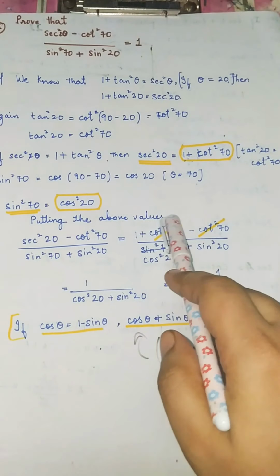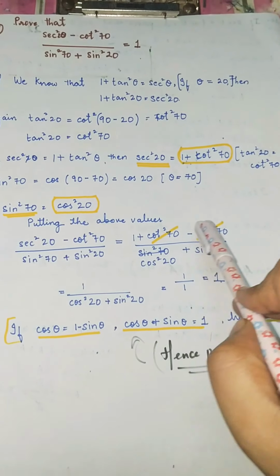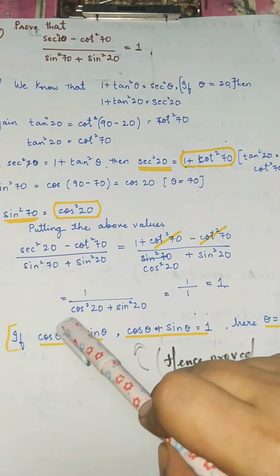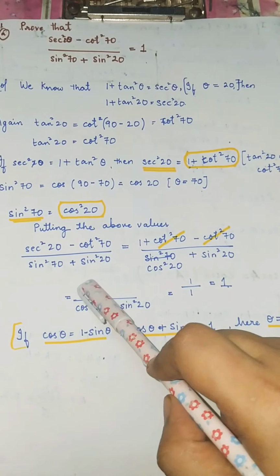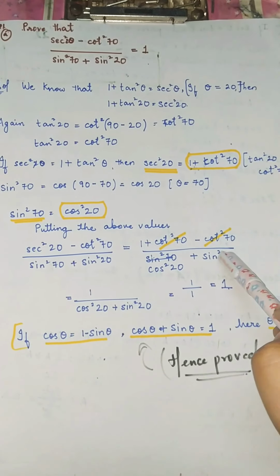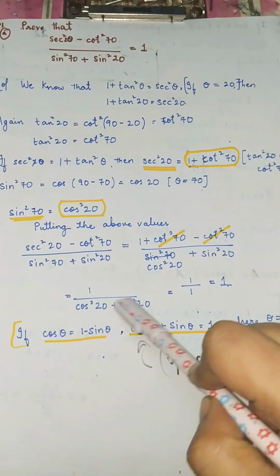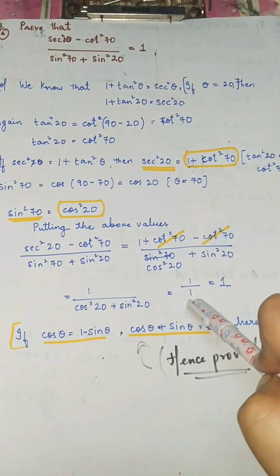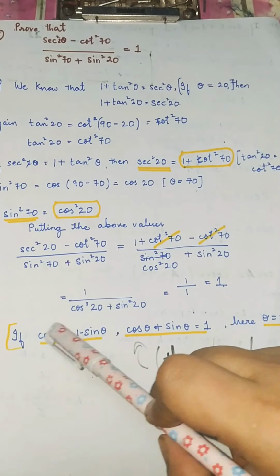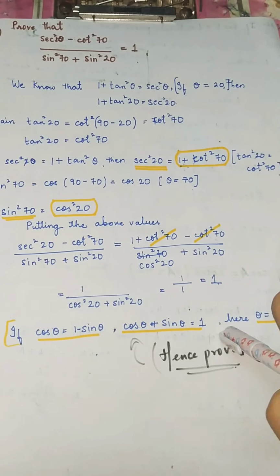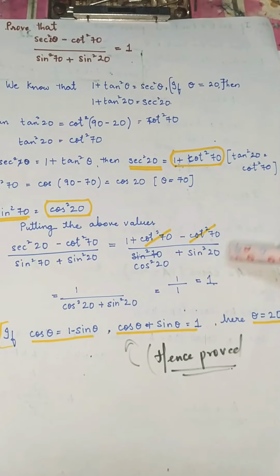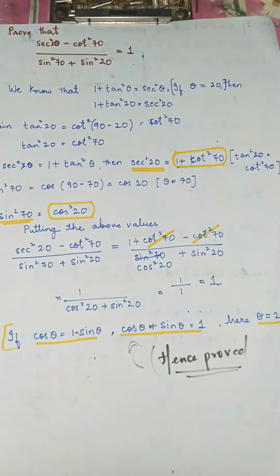Now cot square 70 and minus cot square 70 get cancelled. Okay, one is the answer, by cos square 20 plus sin square 20. Cos square 20 plus sin square 20 is 1. We know that cos square theta plus sin square theta is equal to 1. Here theta is 20. Okay, the answer is 1. Hence it is proved.